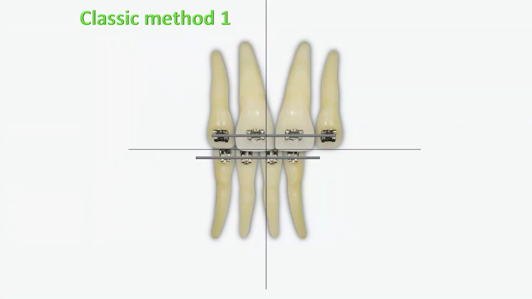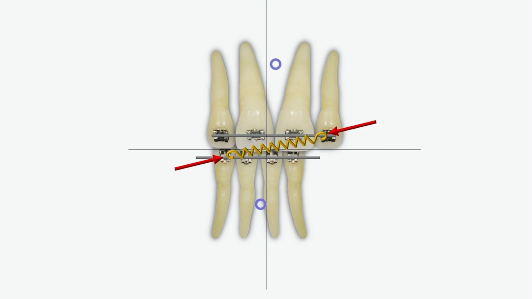Once the teeth are aligned, anterior crisscross elastic was used. The equal and opposite force will correct the midline. However, the forces are located away from the center of resistance of both upper and lower segment.